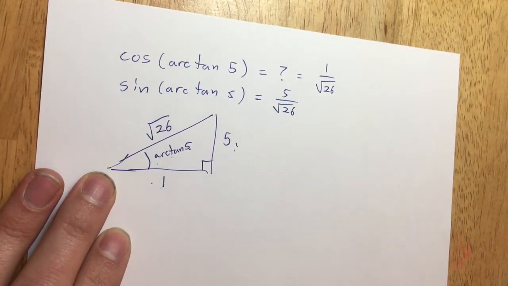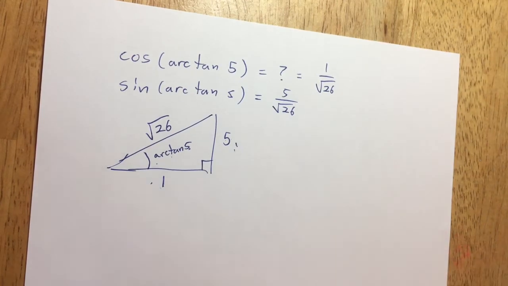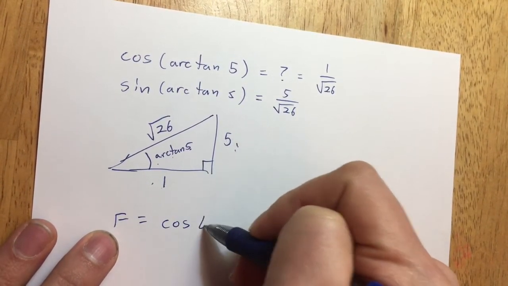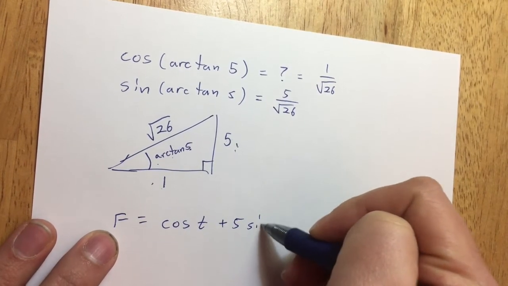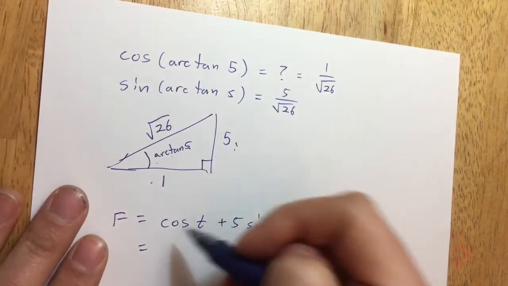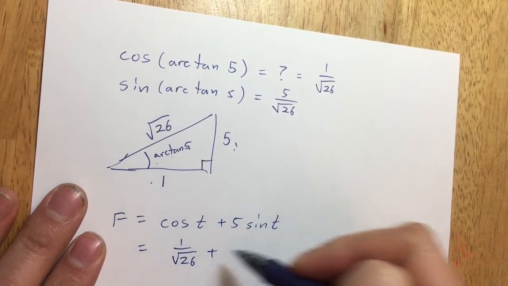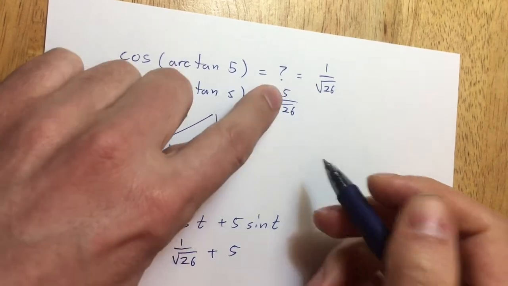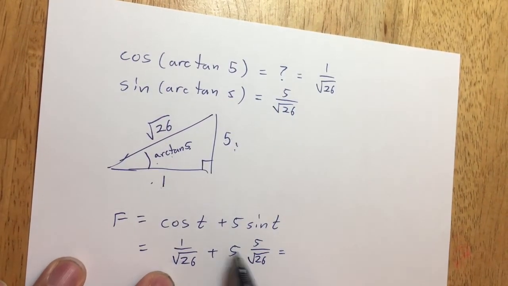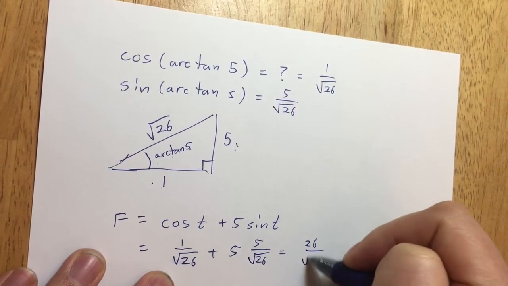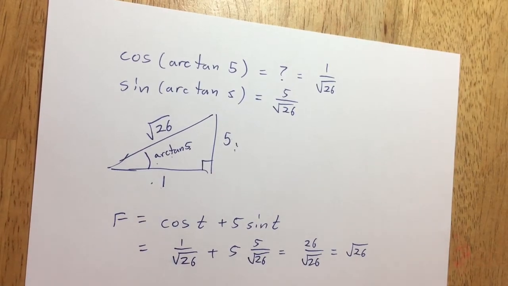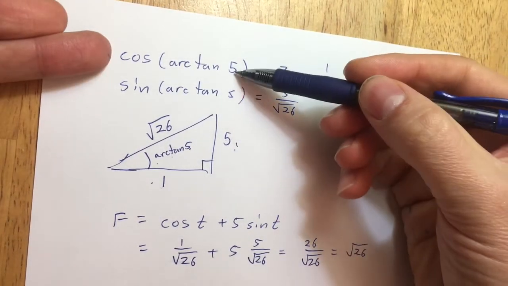So if I look back at my function, my function was cosine t plus 5 sine t. Cosine of t was 1 over root 26. 5 sine t is 5 times 5 over root 26. So that's 25 plus 1, 26 over root 26, that's root 26. So that's when I plug in this value of t.